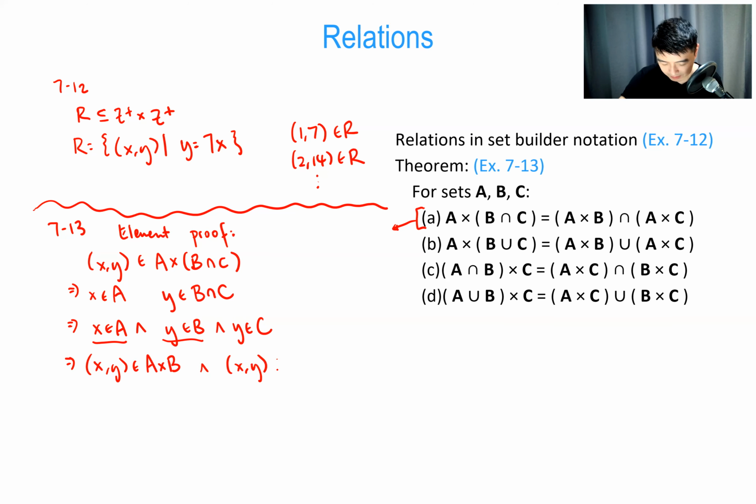So if you're doing part B, this is going to be your first step. Now, just a hint, when we break this apart, we're going to get x is in A and y is in B or y is in C. Let me write it out: x is in A and y is in B or y is in C.